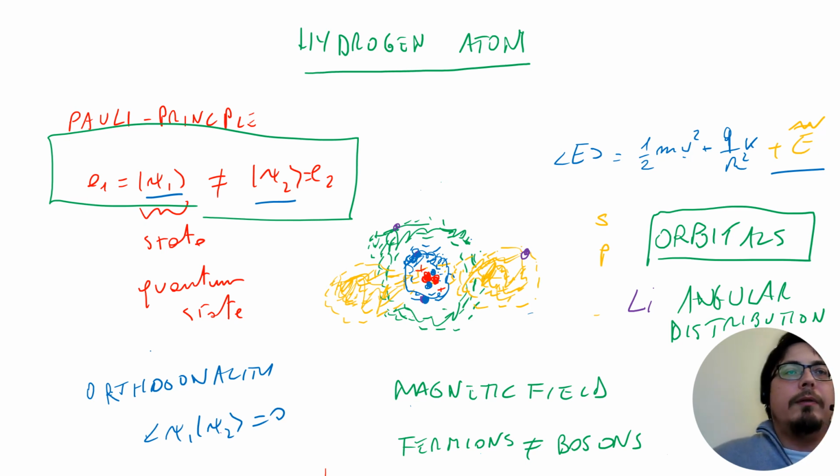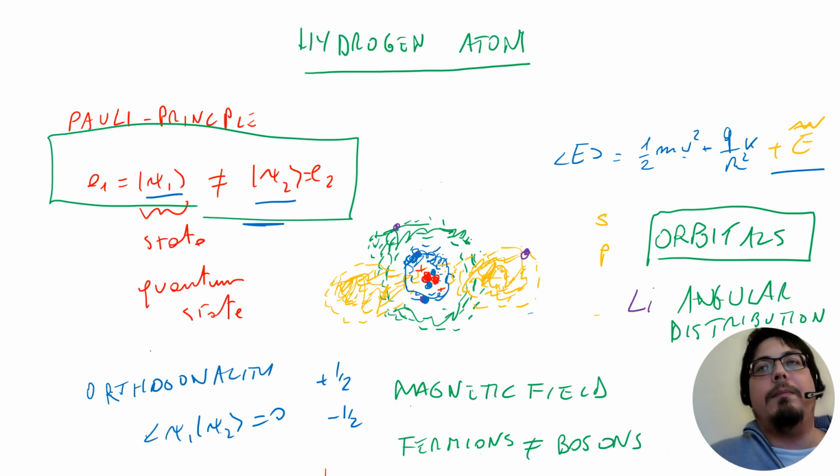This is the product of two vectors or two functions is zero, meaning that they can coexist together because they don't occupy the same space, they don't overlap much between each other. And this is an example of that I drew in this picture. And the other example was the spin plus 1/2 and minus 1/2 is enough to create two states which are different, as I said before.